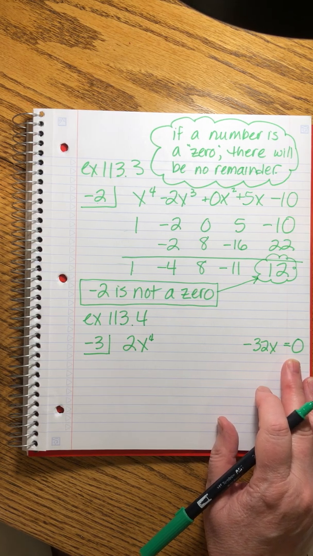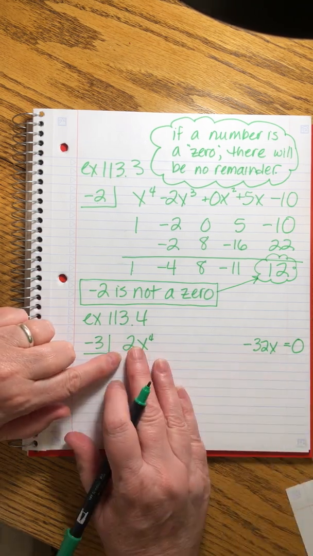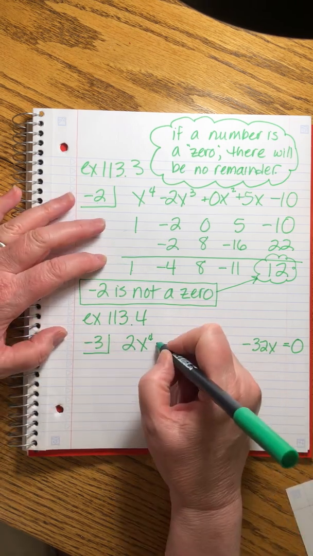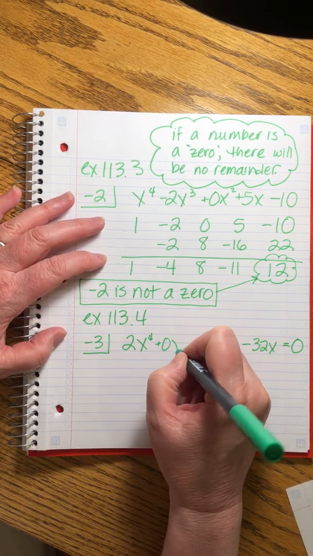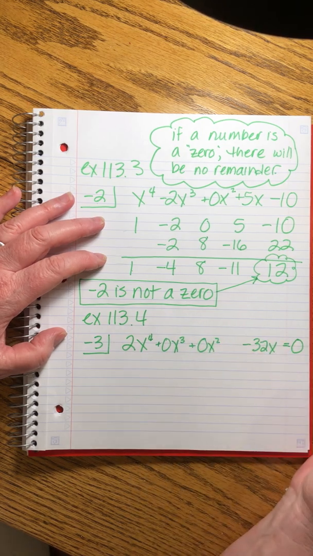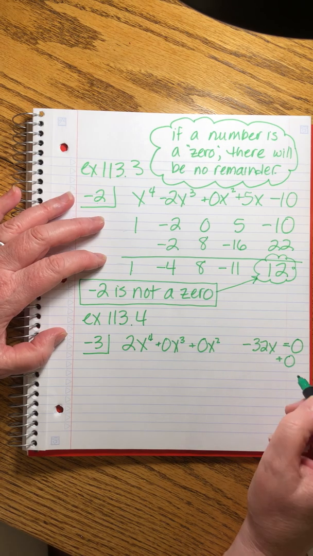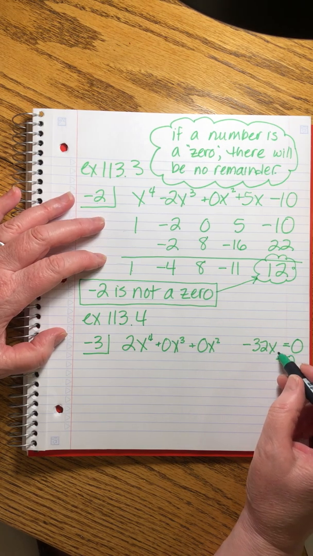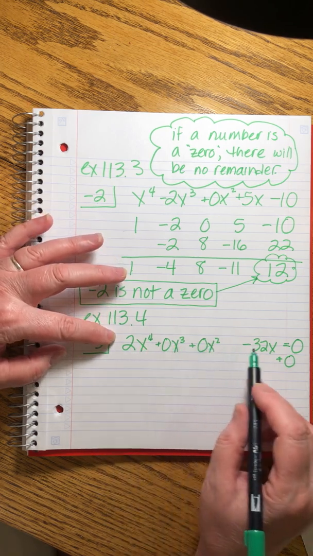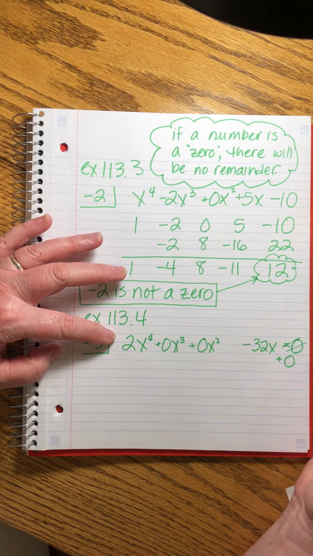Again, terminology, it matters, but it's a very subtle difference. I put the gap in here because I saw we went from 4th down to an x. So we're going to fill this in. This is going to be plus 0x cubed plus 0x squared minus 3x, and then it's going to be plus 0 at the end, right? I'd squeeze that in right here. So now let's rewrite these 1, 2, 3, 4, 5. I don't have to write this in my synthetic division.